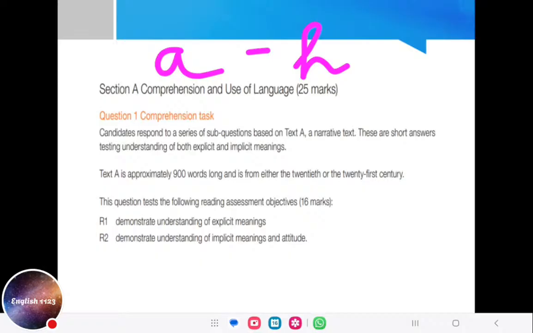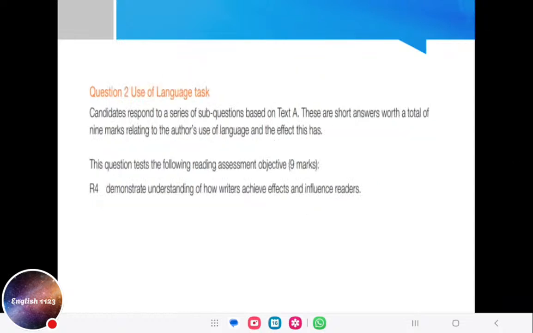Sometimes any one of them can have 2 questions, so sometimes you can say that these are 9 questions, but basically they are 8 questions. That is comprehension task, 16 marks. And this is use of language task, 9 marks.